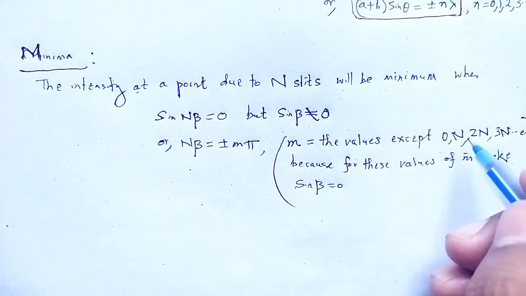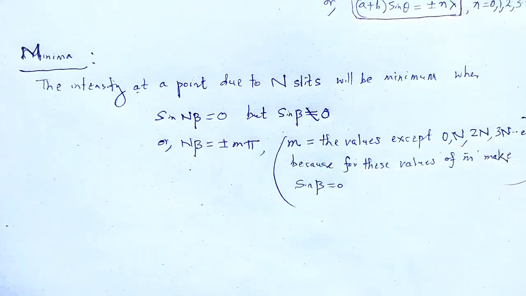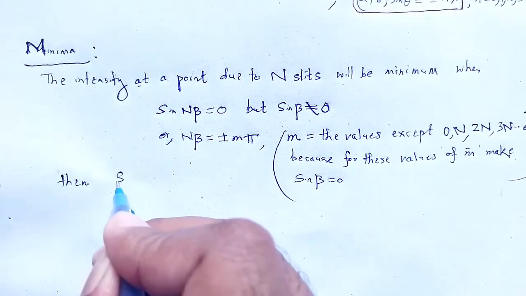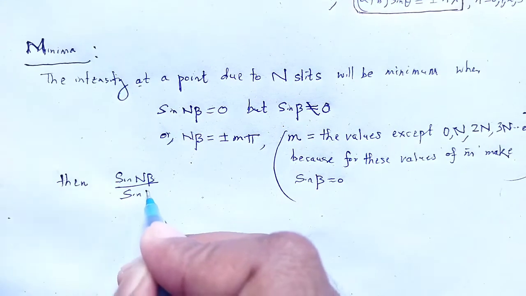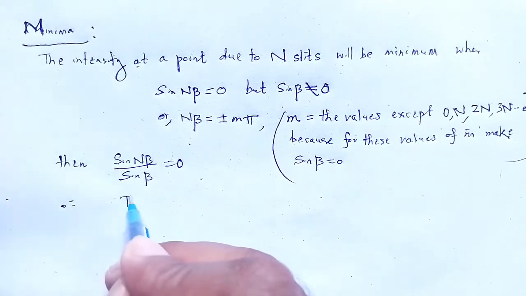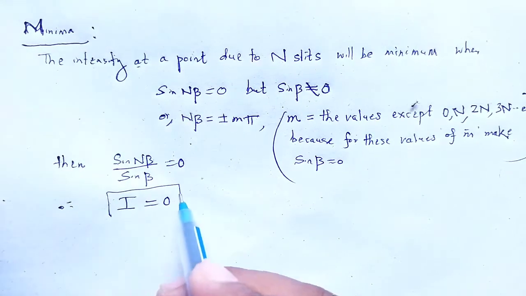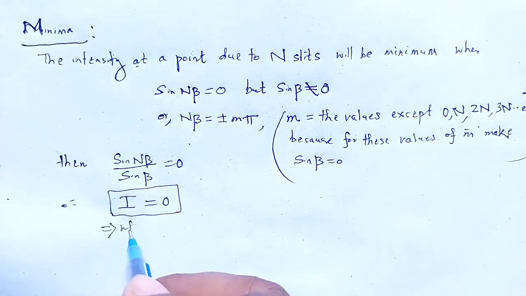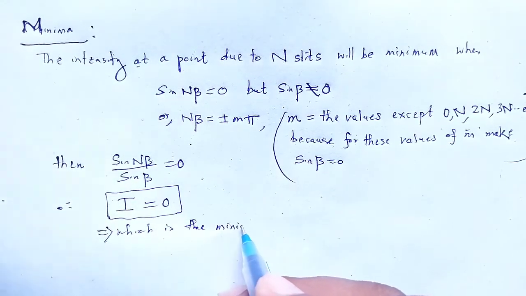Therefore, except these values, the other values of m are considered here. Then the term sin n beta divided by sin beta is equal to 0. Therefore, intensity I is equal to 0. That is the minimum intensity.